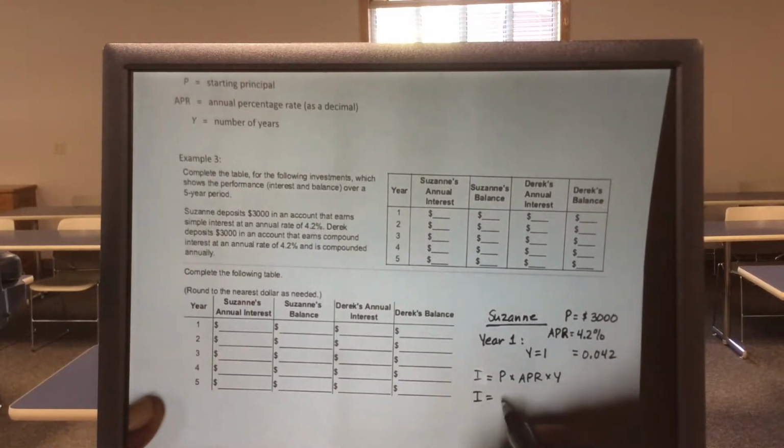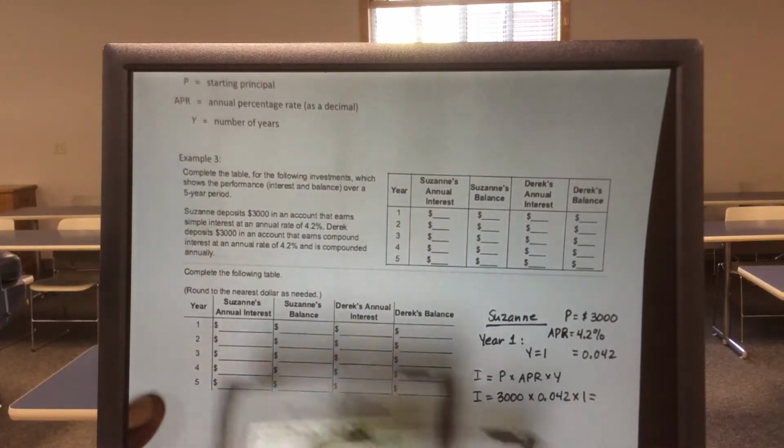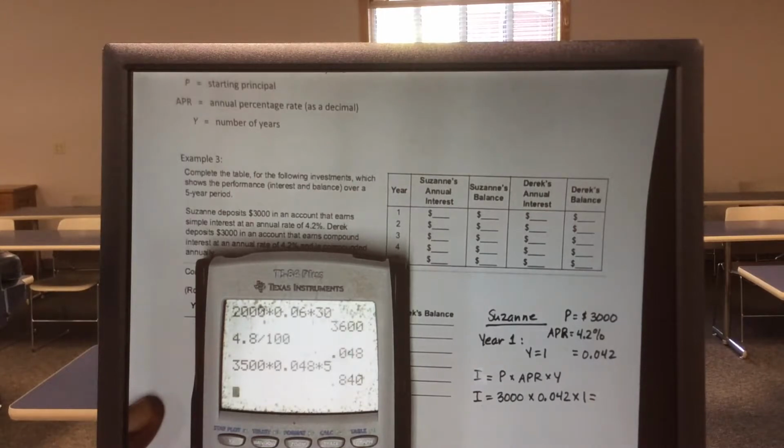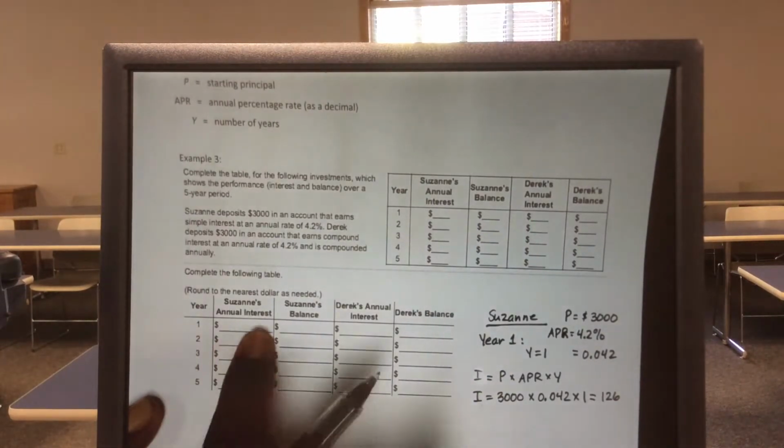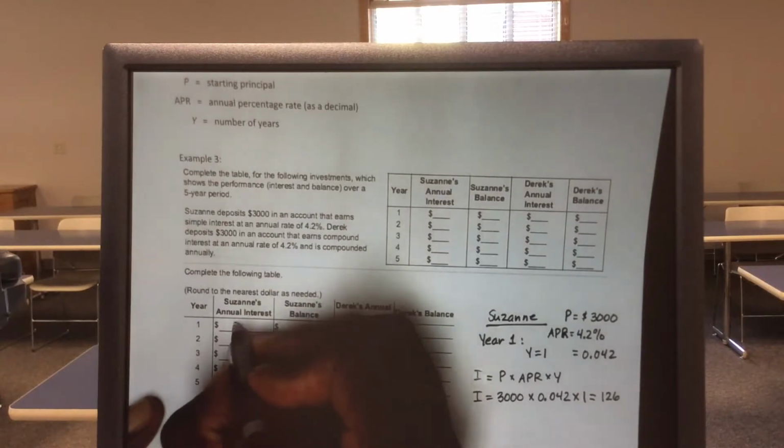So here the interest will be 3,000 multiplied by 0.042 times Y, which is 1. And this is only after the first year. So 3,000 times 0.042 times 1. Here I get $126.